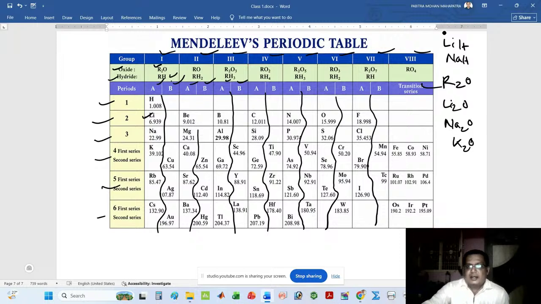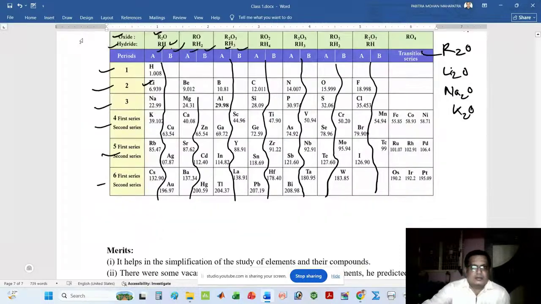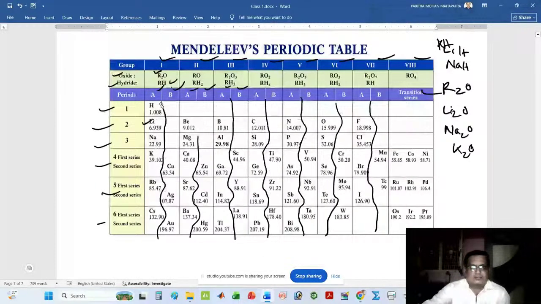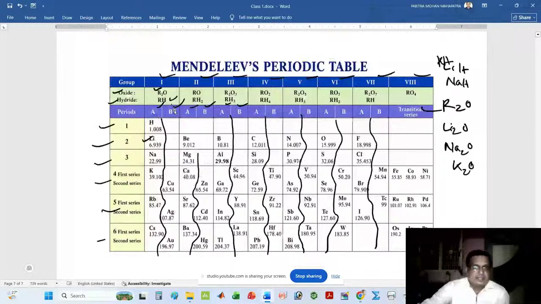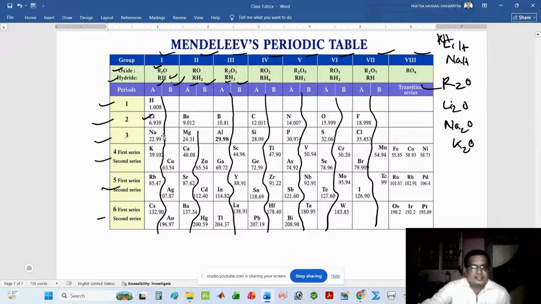All the hydrides are RH. All the elements present in this group obey R2O and RH. Oxides mean R2O, hydrides mean RH.